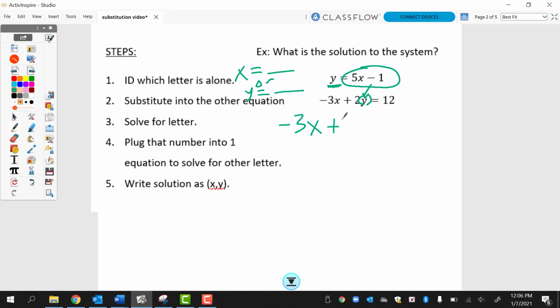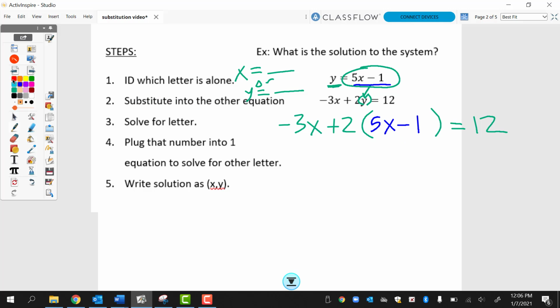Negative 3x plus 2, and I'm leaving a big space because I'm going to put something else. I'm not putting y anymore. Notice I didn't put y on the outside. I'm not writing it at all down here. Equals 12. So I just rewrote this equation, and instead of writing a y in there, I'm going to write this, 5x minus 1. That's the substitute into the other equation.